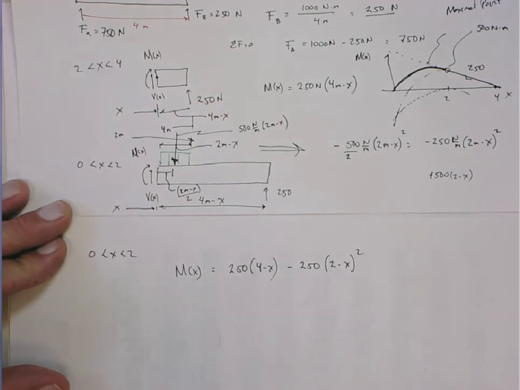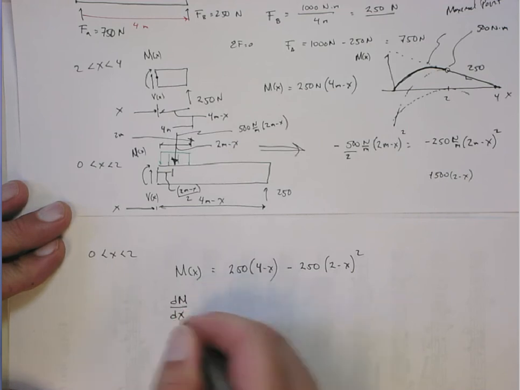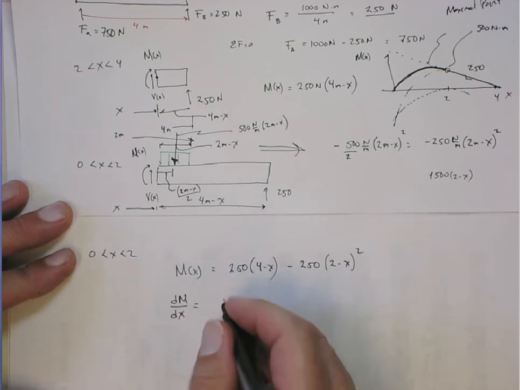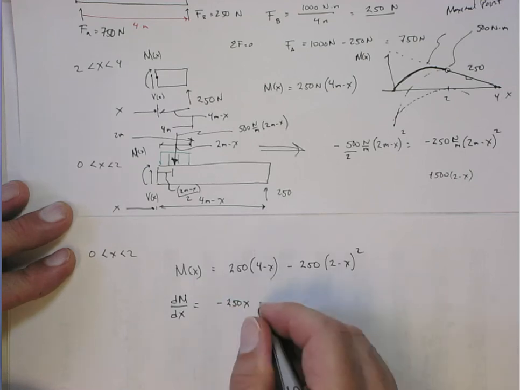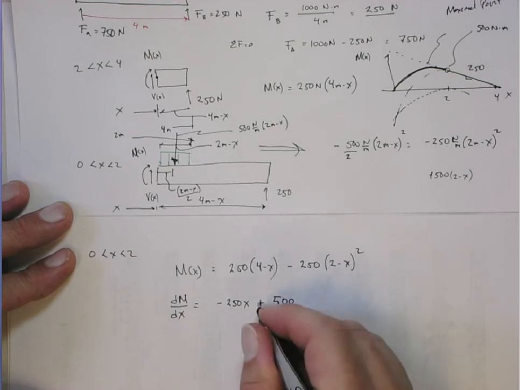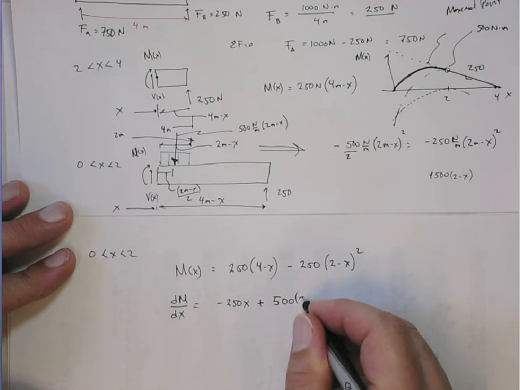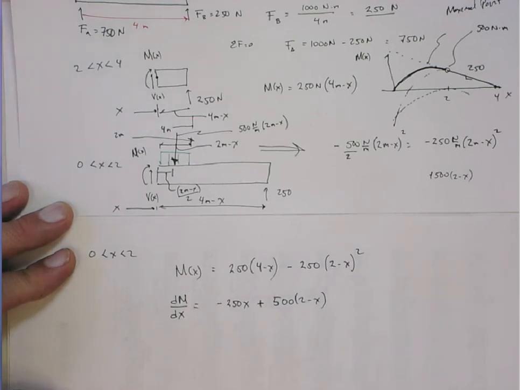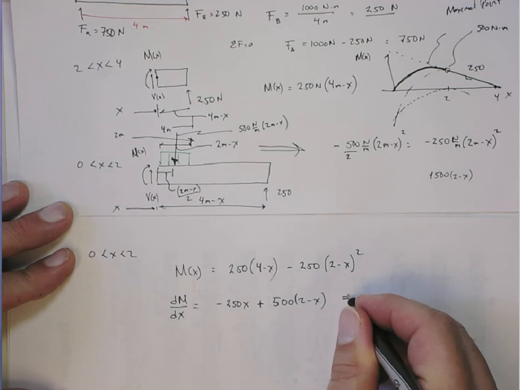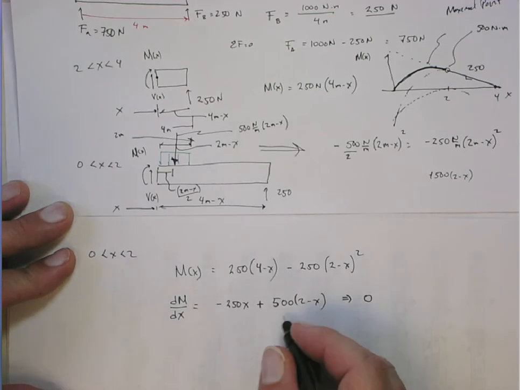Okay? So to find the maximal point, we want to take the derivative, which is equal to minus 250x minus 500, let me get a plus 500, times 2 minus x. And we're going to set that equal to 0. And that'll be either a maximum or a minimum point. So what do we have here?